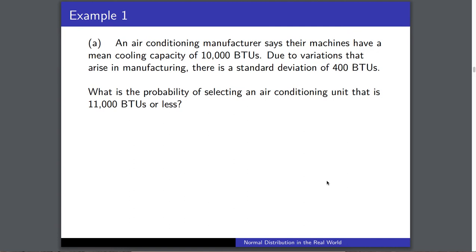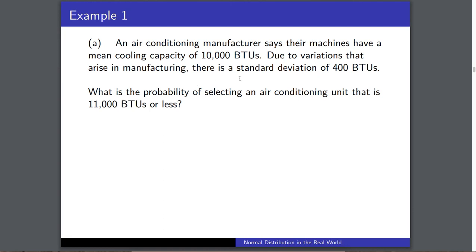All right, so example 1: an air conditioning manufacturer says their machines have a mean cooling capacity of 10,000 BTUs. Due to variations that arise in manufacturing, there's a standard deviation of 400 BTUs. So not every single air conditioning unit that comes off the line is going to use exactly 10,000 BTUs to cool.